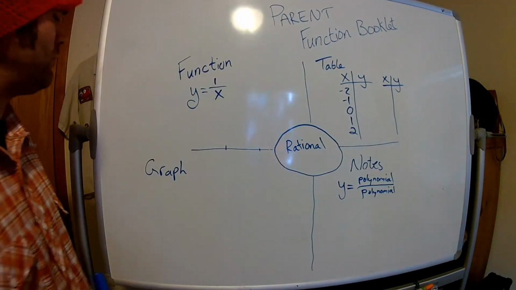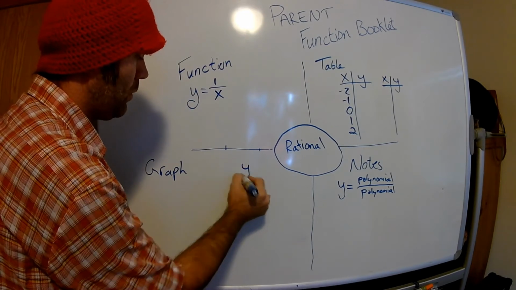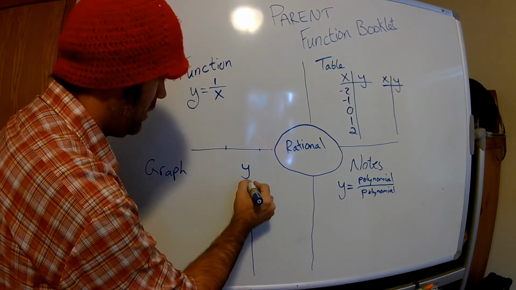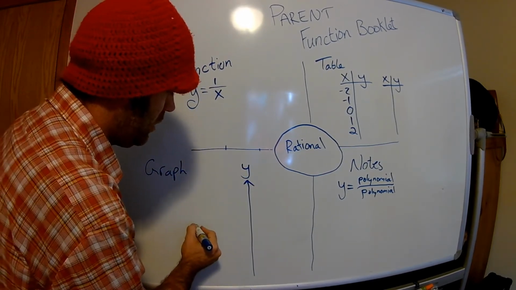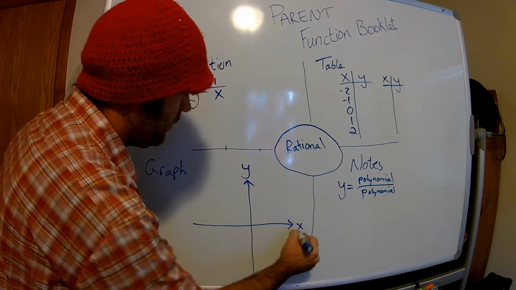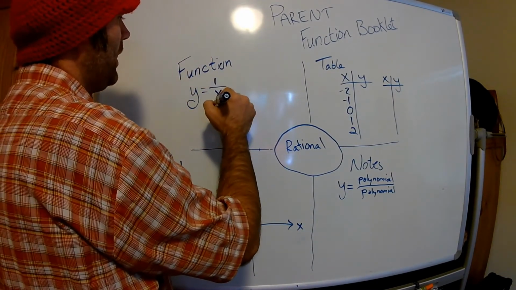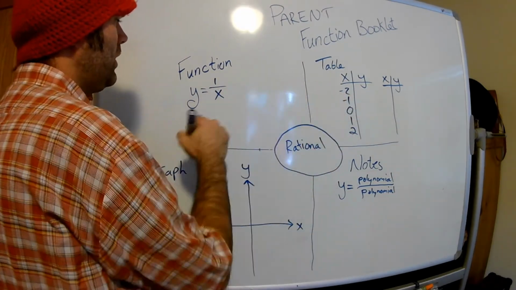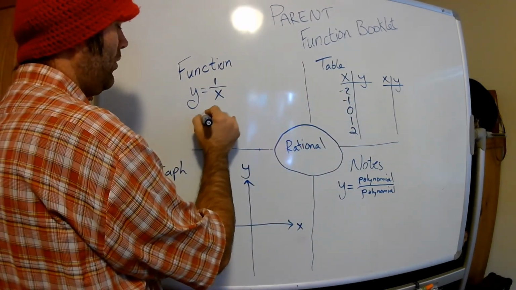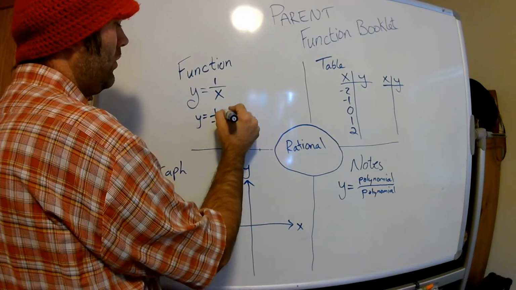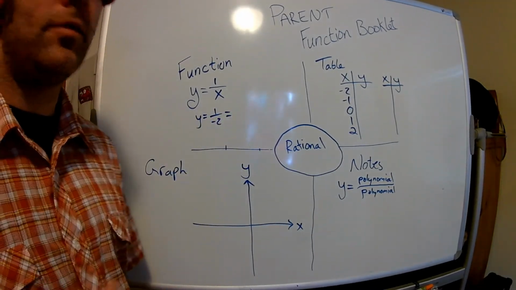So we've got our y, which is important. We've got our x, which is also important. All right, so 1 divided by x, we're going to plug negative 2 in, so we get y equals 1 over negative 2, and that is negative.